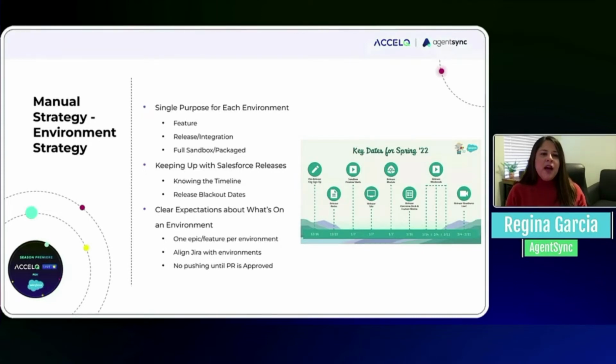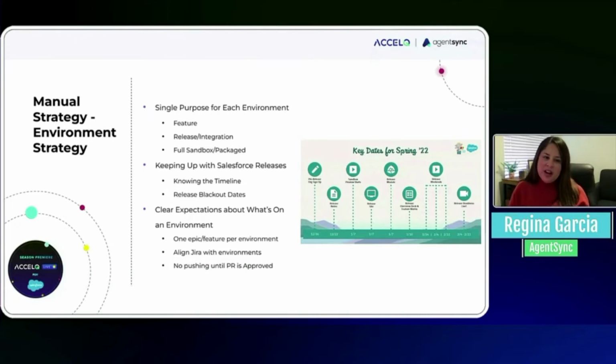So to begin, let's talk a little bit about how we can set up our environments, or some of the struggles we're looking at when we have various environments and making each environment be utilized for a single purpose. One of the things that we're looking at integrating in AgentSync is being able to have a feature release environment, which is typically our Scratch orgs, and then have a release integration environment.